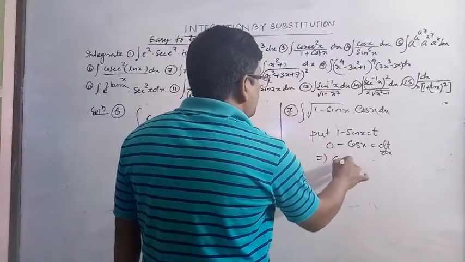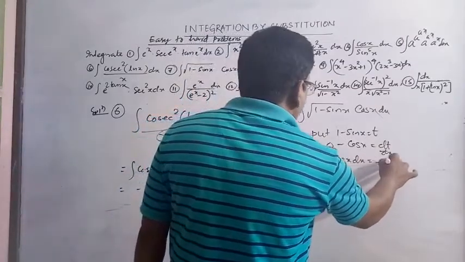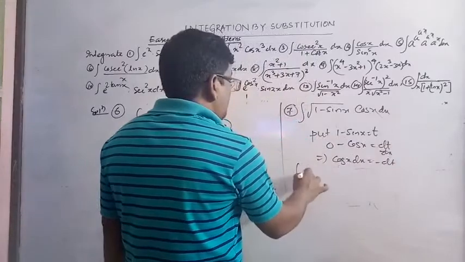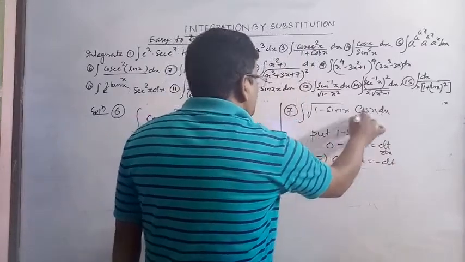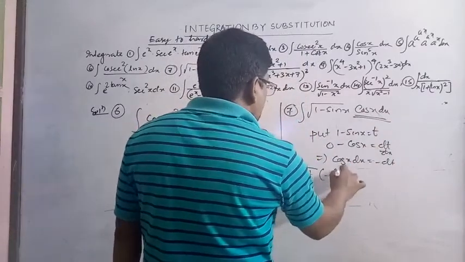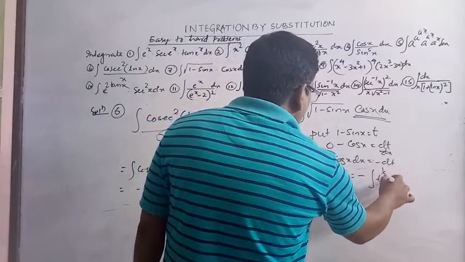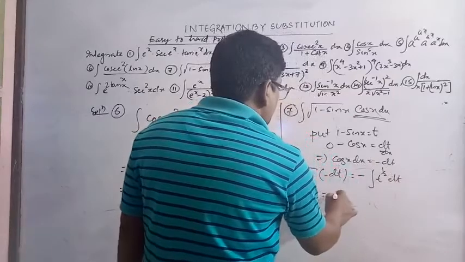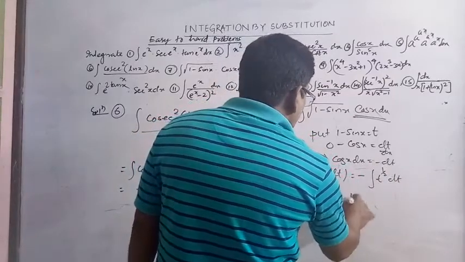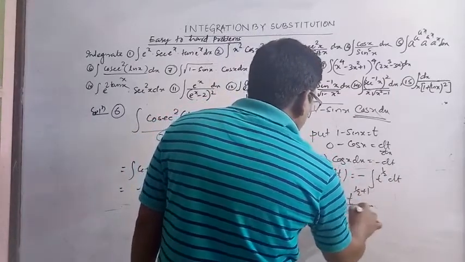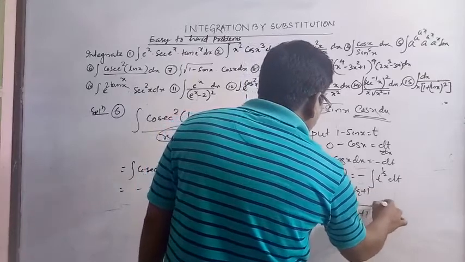So cos x dx is equal to minus dt. So root over t into cos x dx is equal to minus dt. So minus, common, root of t means t to the power 1 by 2 dt. So this is equal to minus t to the power 1 by 2 plus 1 divided by 1 by 2 plus 1, plus c.